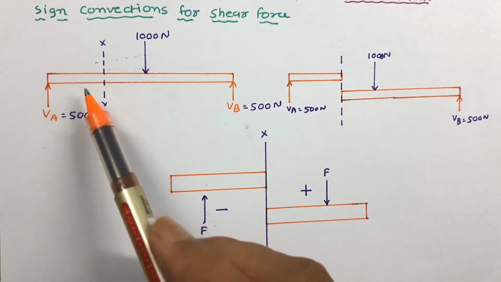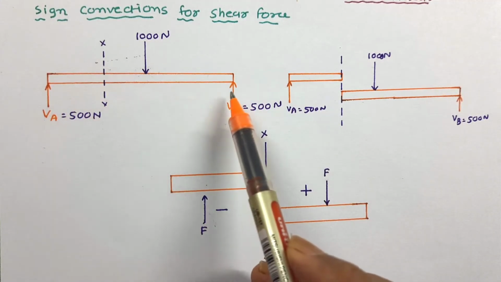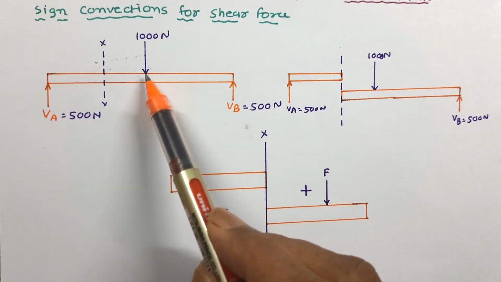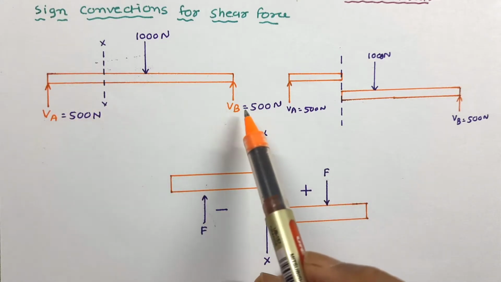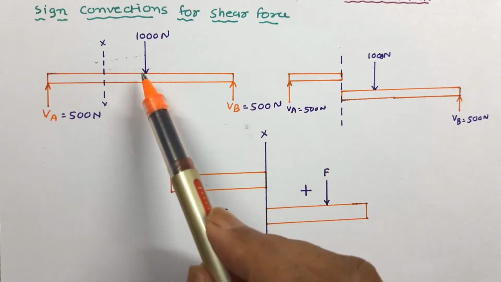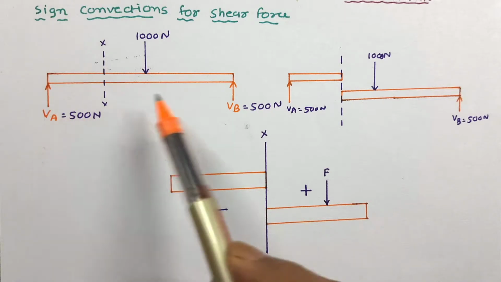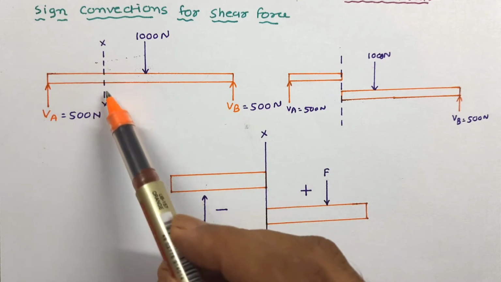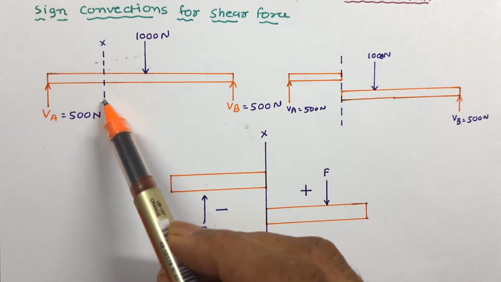So in this figure, we can see a simply supported beam, which is subjected to a central point load. So the reactions will be equal as the beam and loading are symmetric. So VA and VB will be 500 Newton. Now let us consider the situation at section XX.